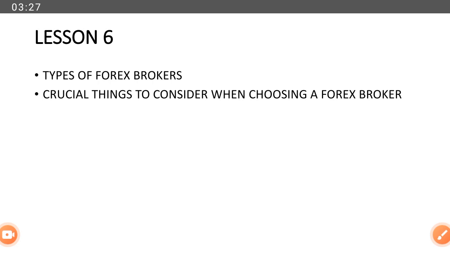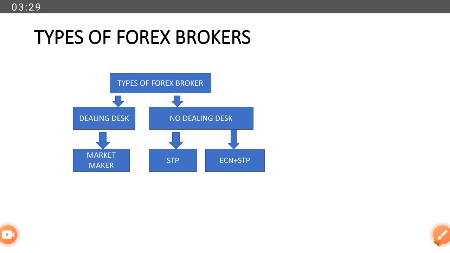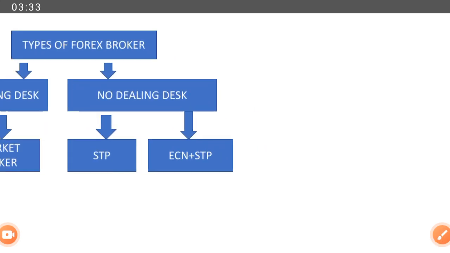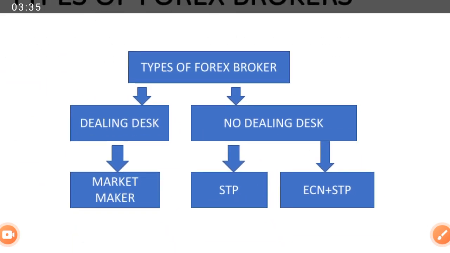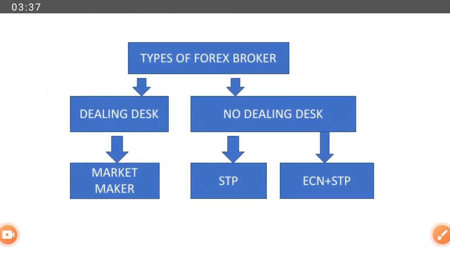Now, let's get started. Types of forex brokers. Look at this diagram. There are 2 types of forex brokers. You have the dealing desk. We have the no dealing desk.